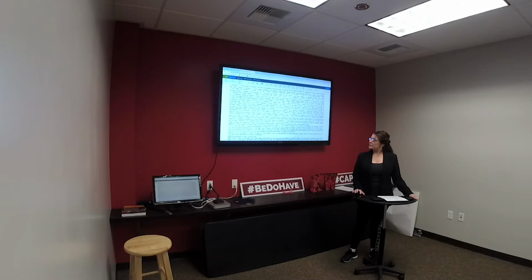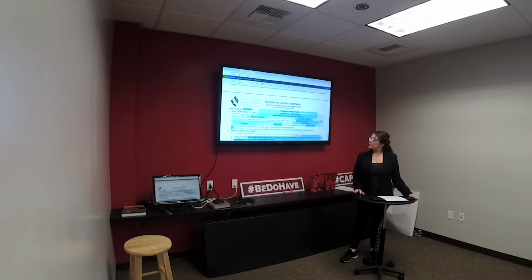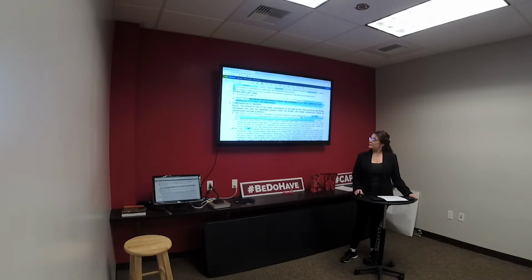When Robert takes a listing, with a couple of exceptions, this verbiage is in all of his listings. Seller may unconditionally cancel this agreement at any time, and the commission to be reduced by 1% if I sell this home myself, which basically translates to if I represent the buyer, I will reduce the commission from 5% to 4%.